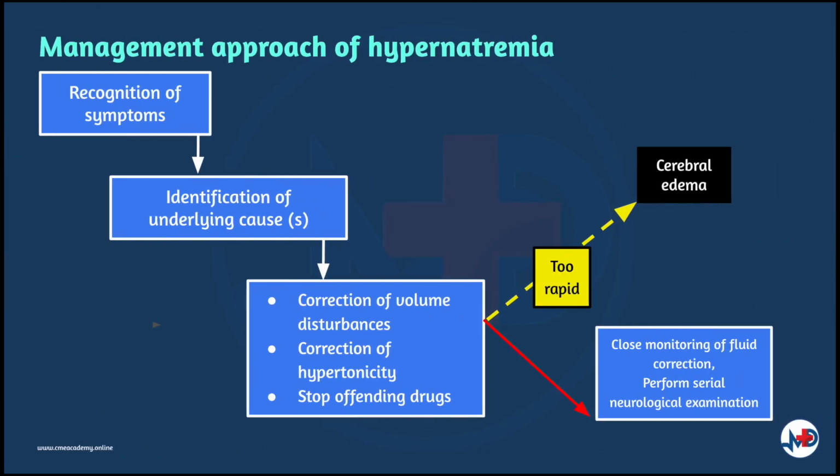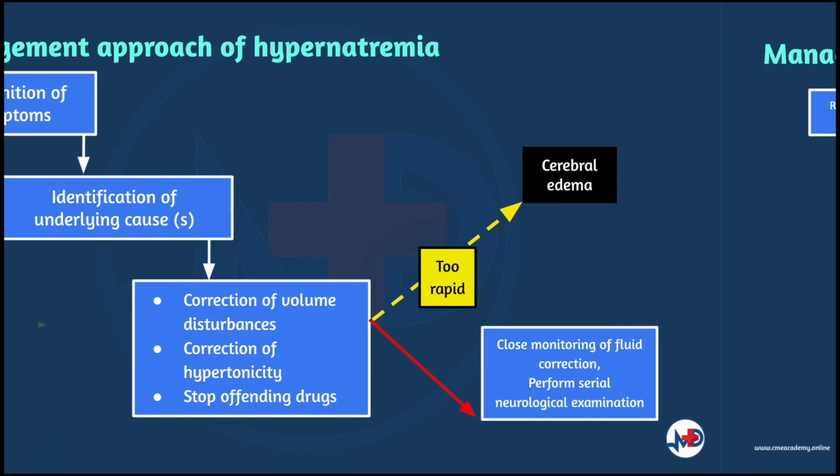So, principles of management in hypernatremia start with recognition of the symptoms. When present, identify the underlying causes, and once sorted, the management immediately includes correction of volume disturbances, correction of hypertonicity, and stopping the offending agents. Close monitoring of fluid correction is vital, and perform serial neurological examination while correcting fluid to prevent occurrence of cerebral edema.